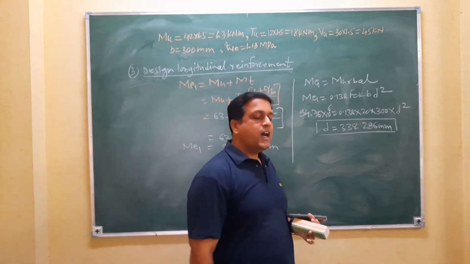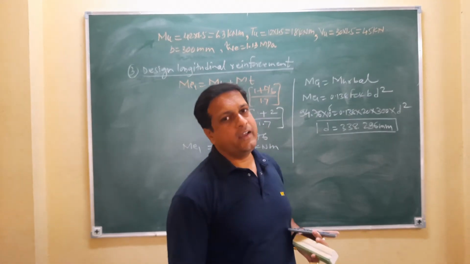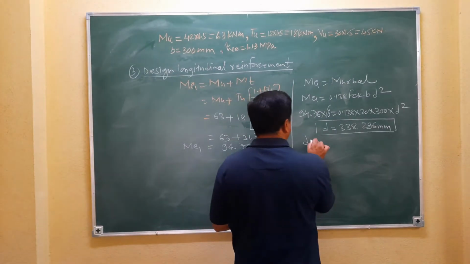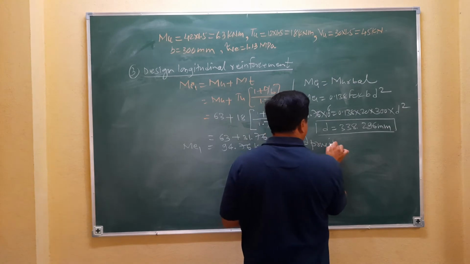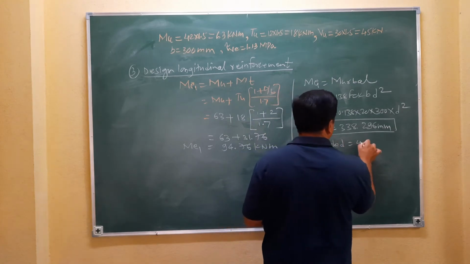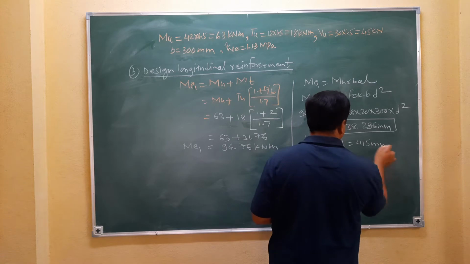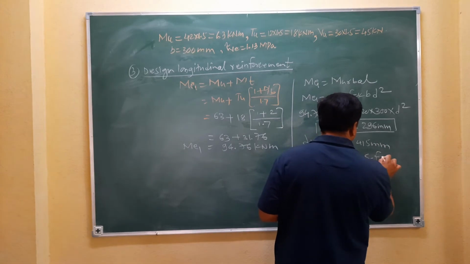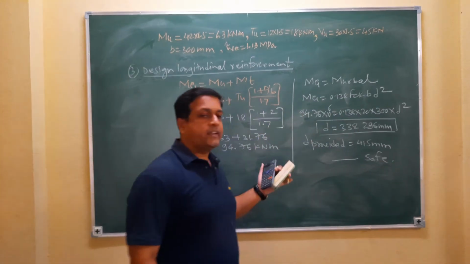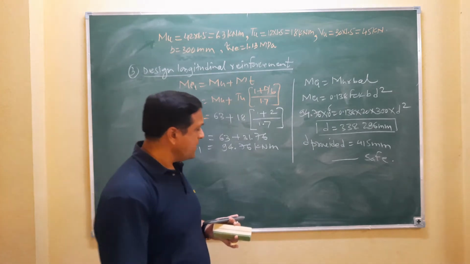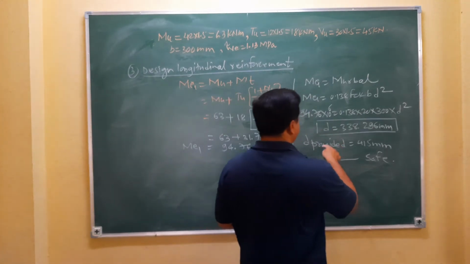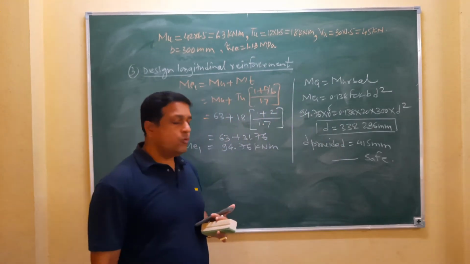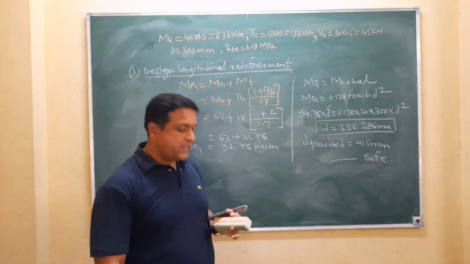That means our provided depth is 415. So it is okay. So depth provided is 415 mm. So the beam is safe to take this bending moment. Again, the provided depth is more, required depth is less.